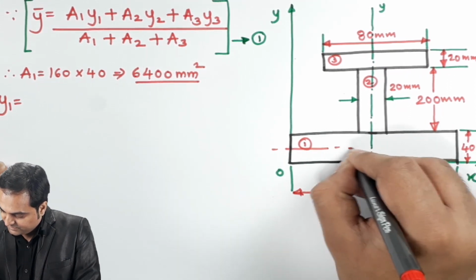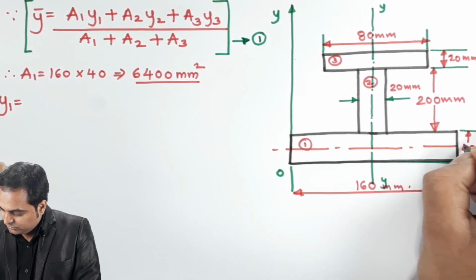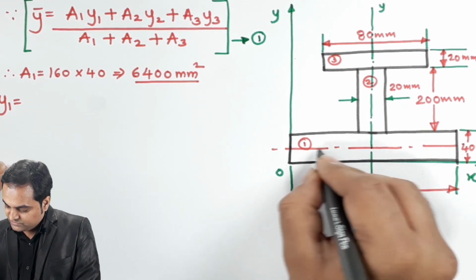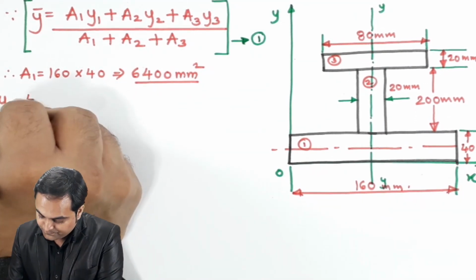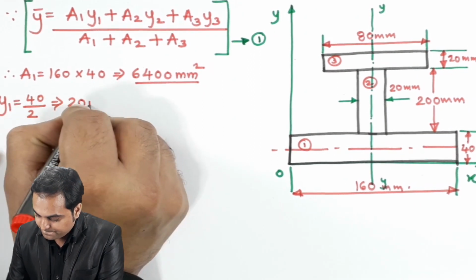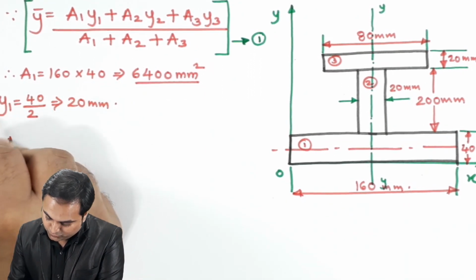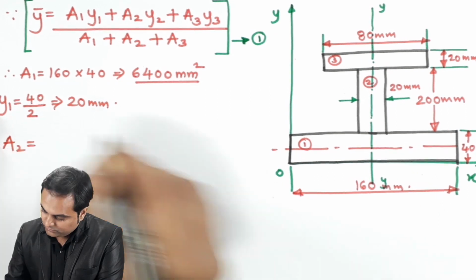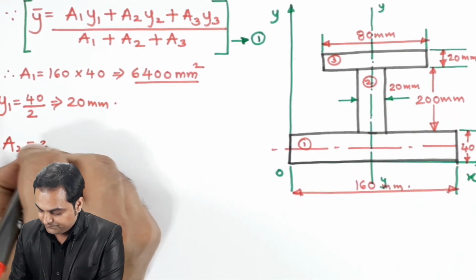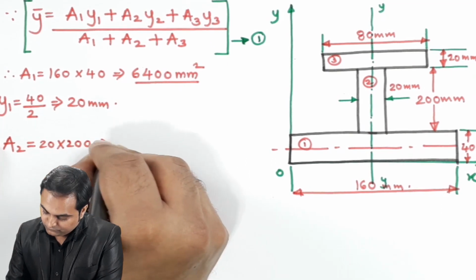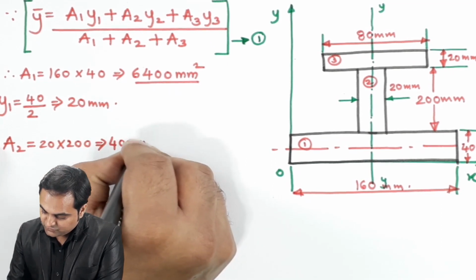And since we are taking the references from the origin, so from the origin the distance of this x-axis is half of 40, which is 20 mm. Then area 2, which is the width of the web, 20 into its height 200, 4000 mm square.